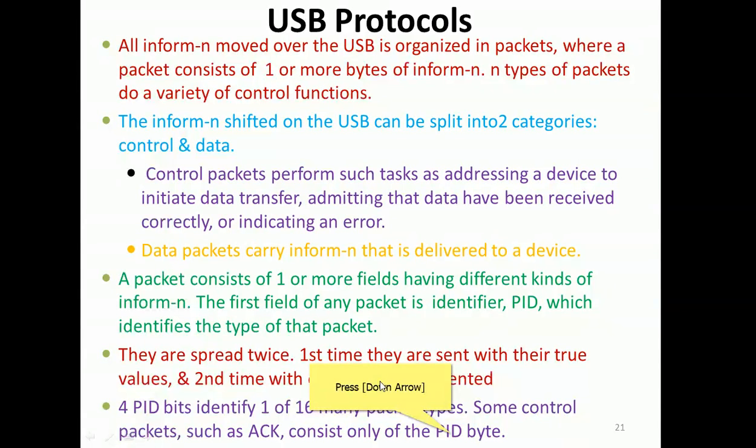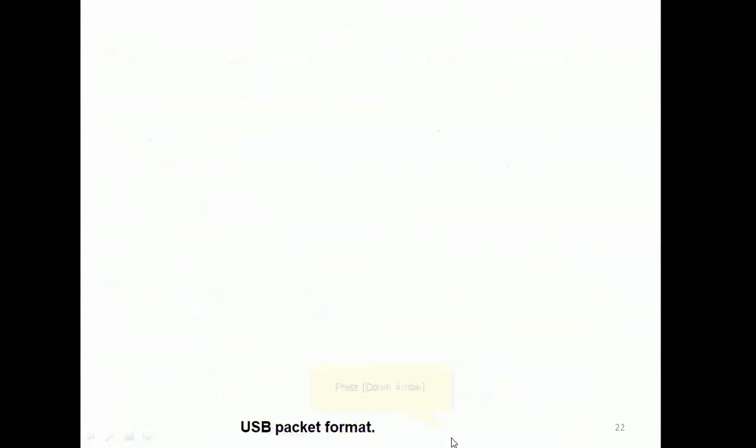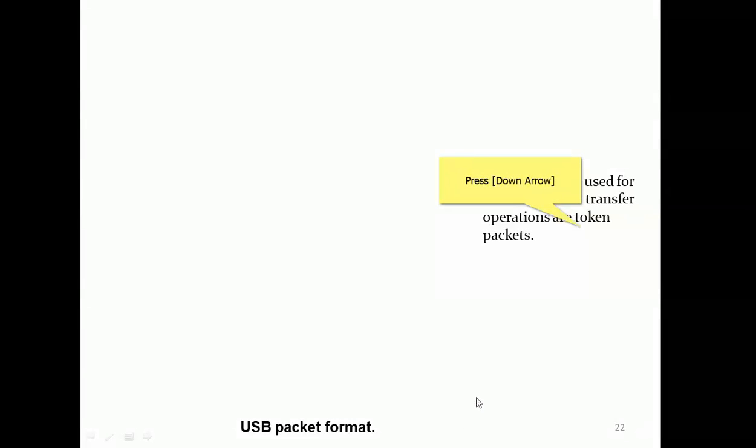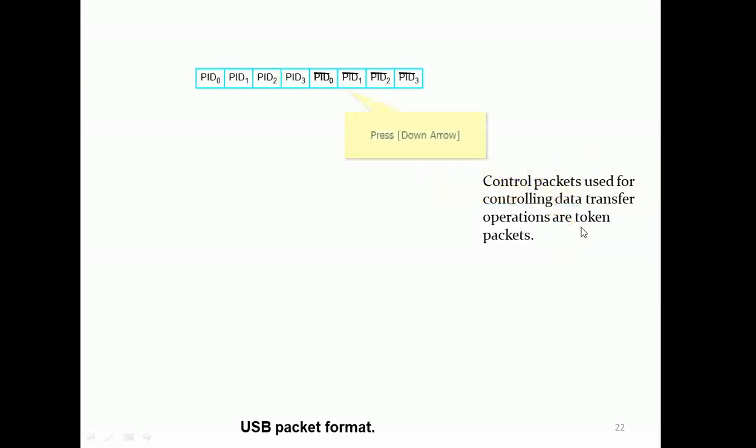Some control packets, such as acknowledgement during handshaking signals, are needed for proper communication, and they consist of only the PID byte. So that is the USB packet format. Control packets are used for controlling the data transfer operation. The first 4 bits are the normal data, and the second 4 bits are the complement of that.